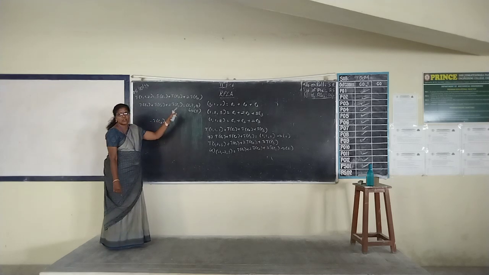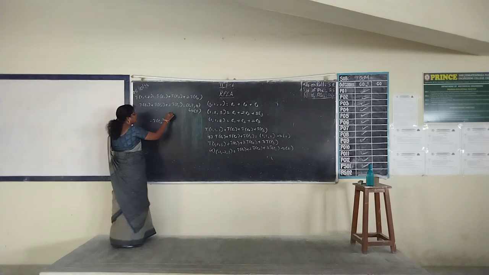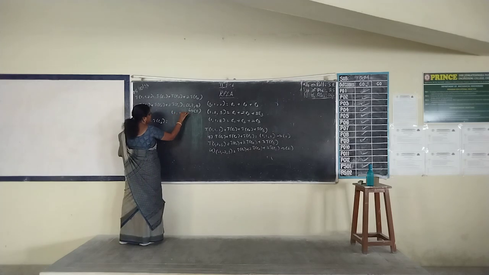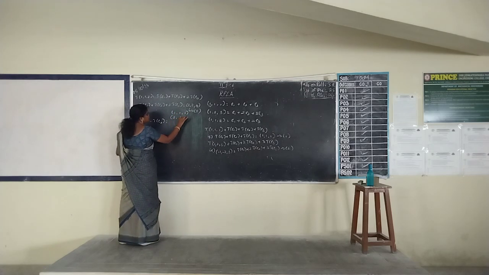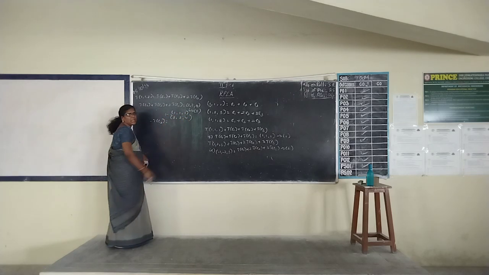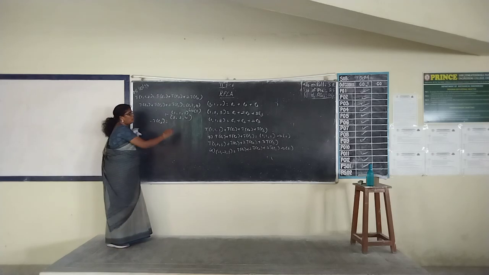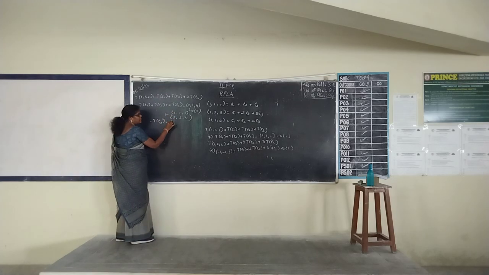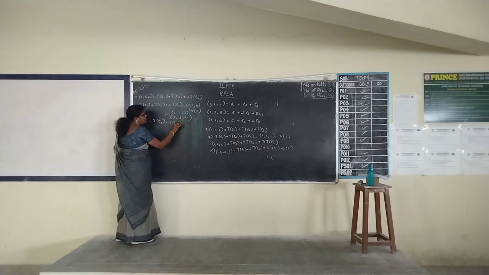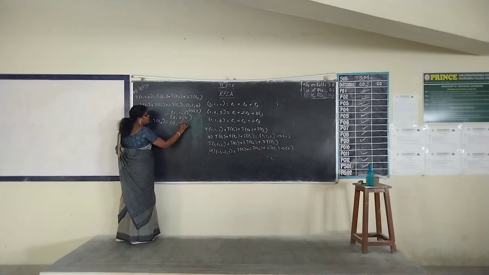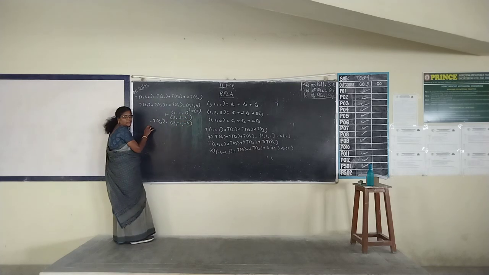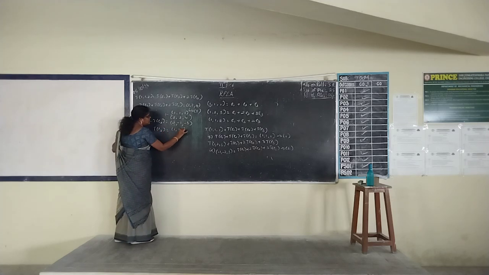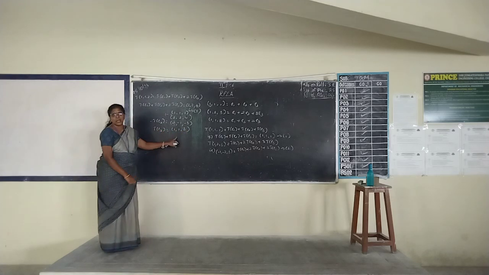Now similarly you have to subtract the right-hand side. The right-hand side is (1, 1, 1) and (2, 2, 4). This is vector subtraction. What is 1 minus 2? Minus 1. 1 minus 2? Minus 1. 1 minus 4? Minus 3. This is minus of T of E3. So T of E3 is (1, 1, 3). You got it.